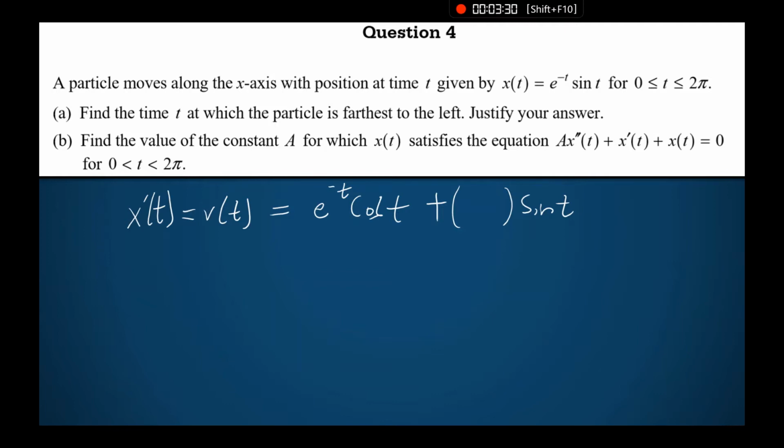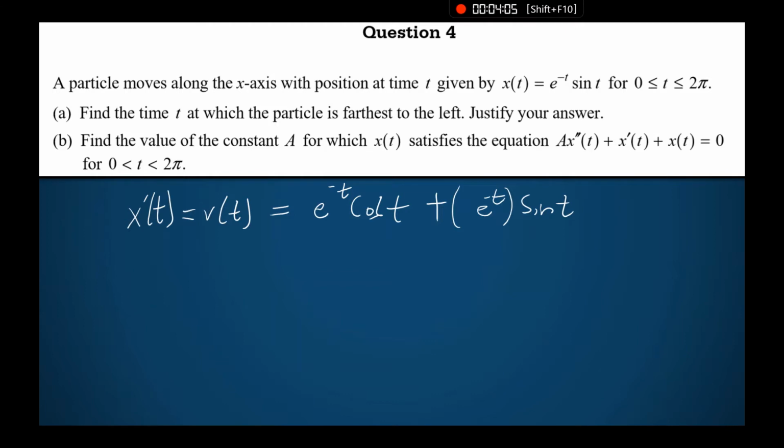When I derive e to the negative t, what's going to happen? Not over t, no. So this is e to the x dx.